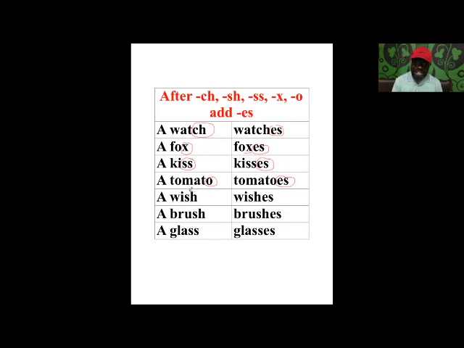The word wish ends in SH, so we add ES. A brush. The word brush ends in SH, so we add ES. The word glass ends in double S, so we add ES to form the plural.